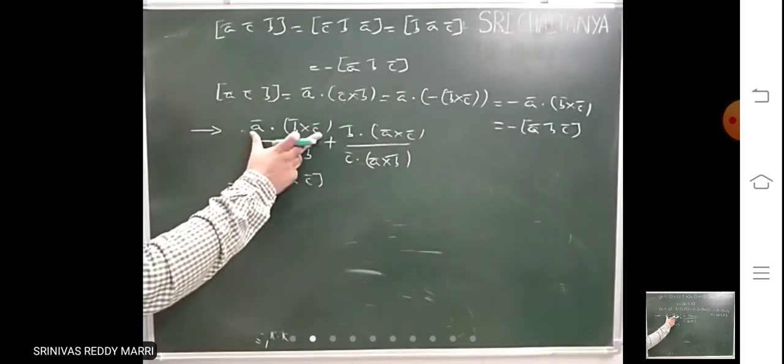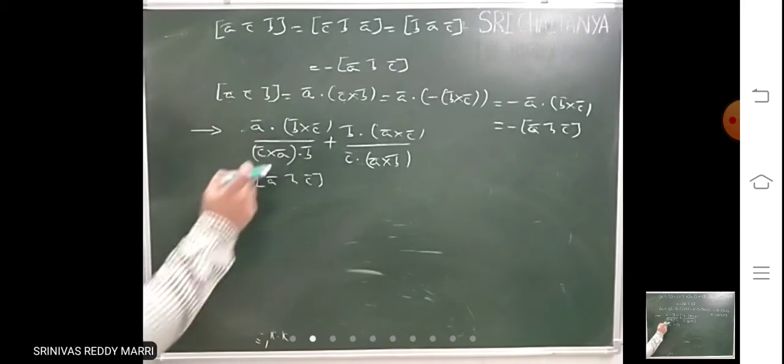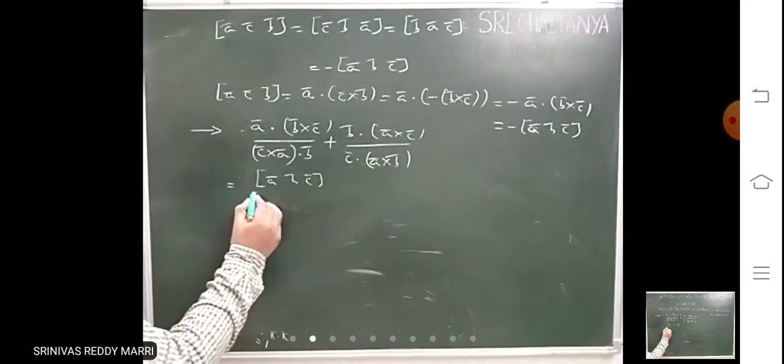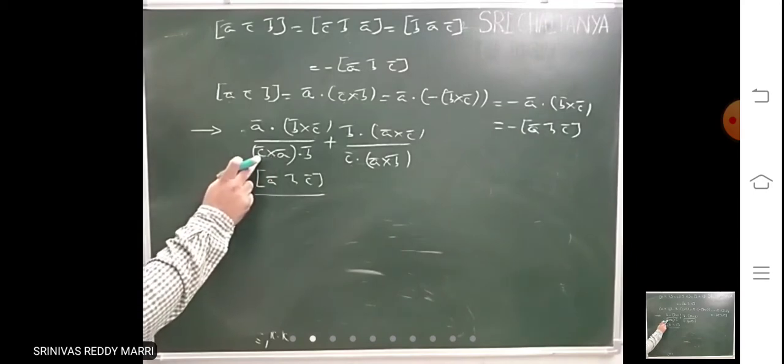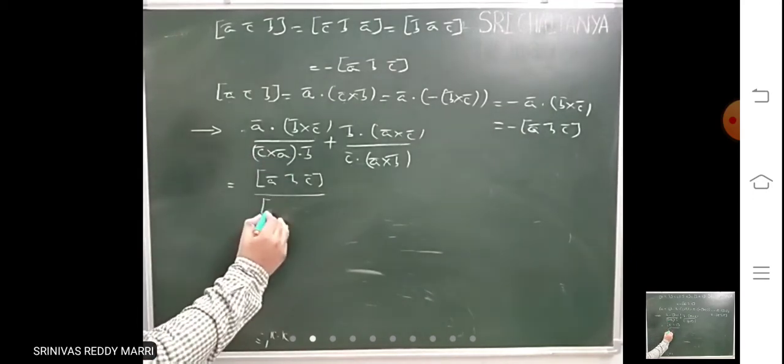According to the definition, the box of A dot B cross C is the box of A bar, B bar, C bar, the box of first, second, third, like this.